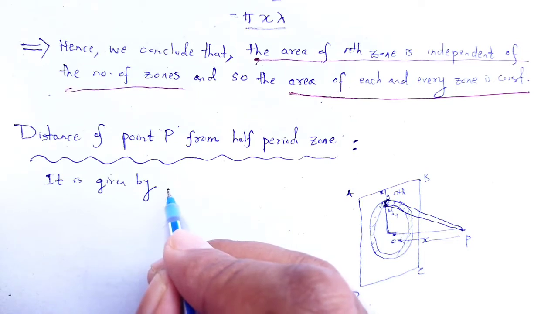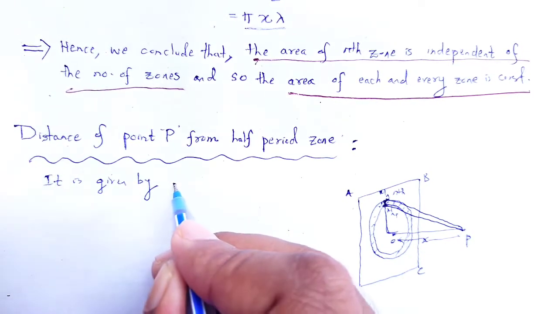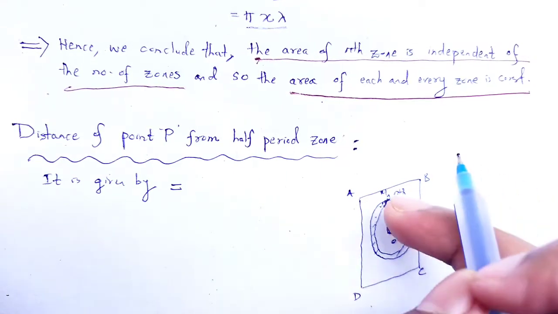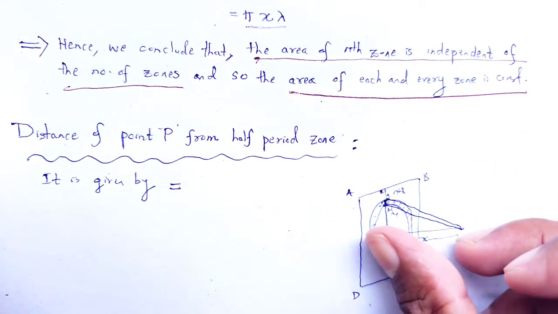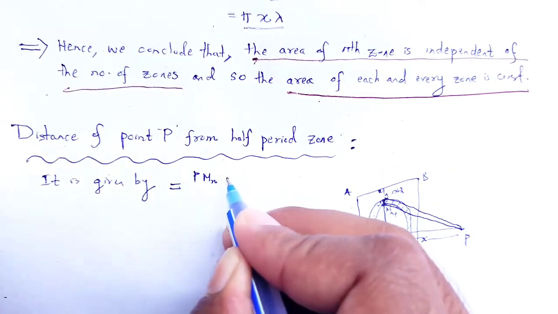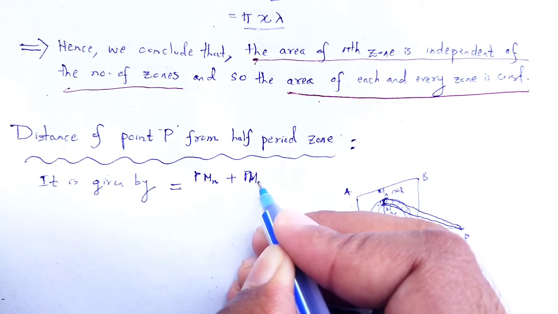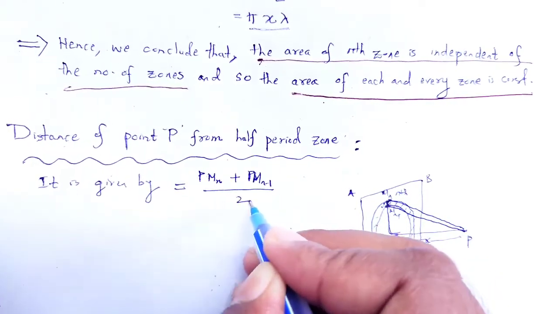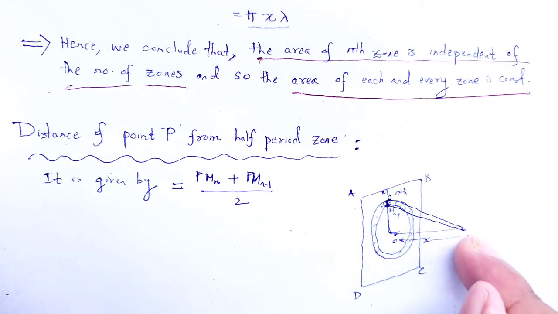It is given by PMn plus PMn minus 1 divided by 2, that will be the average. That average is named as the distance of point P from that of half period zone.